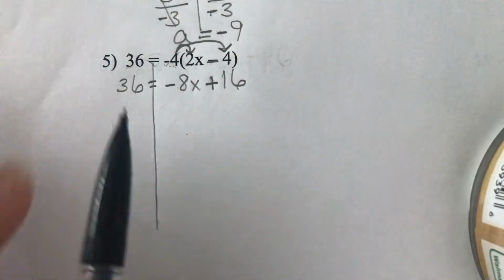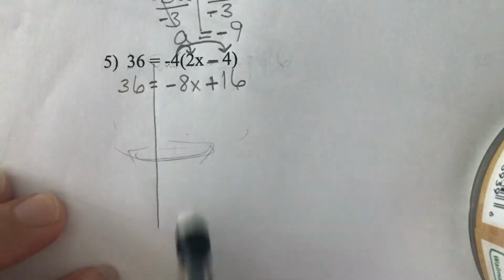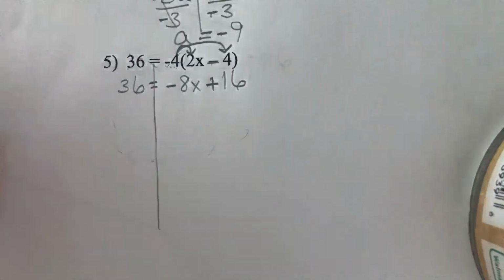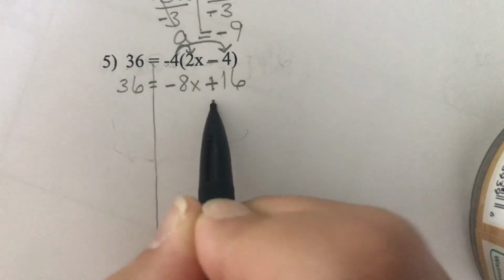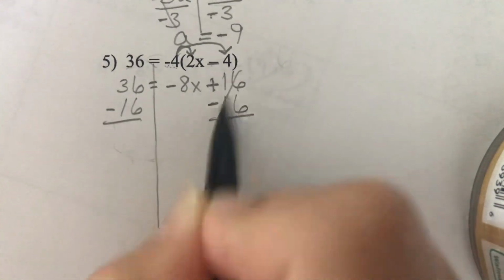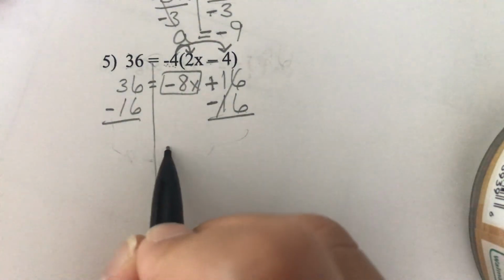So now instead of everything moving this way, I'm moving it the other way. So here, I've got the 16, it's positive, I'm going to do the opposite, I'm going to subtract it. That's my x that I'm keeping, that comes down.